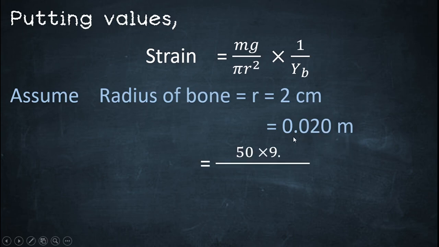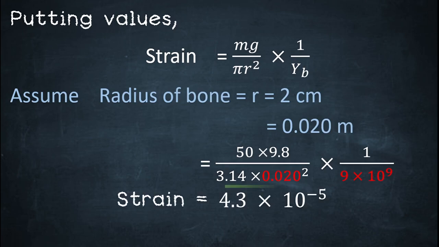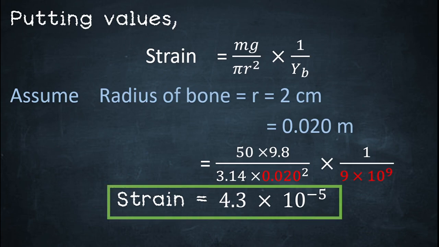Now we will substitute the value of mass, that is 50 kg, value of g, that is 9.8 m/s², π as 3.14, r as 0.02, and Y_B. Y_B is the Young's modulus for bone, which will, inshallah, be given to you in the exam, and it is 9 × 10^9. Solving all these values, we get the value of strain as 4.3 × 10^-5.